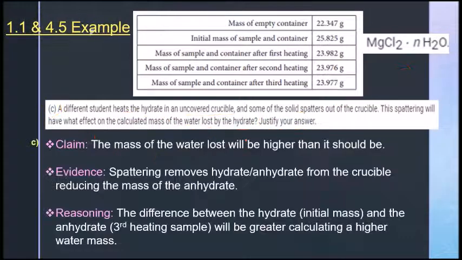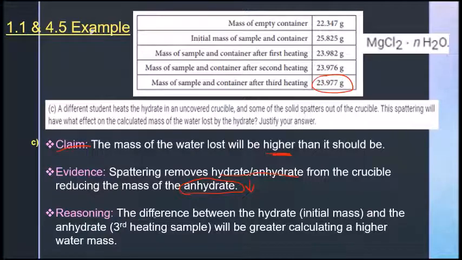So let's talk about that claim, evidence, reasoning statements here. The claim: the mass of the water loss will be higher than it should be. State your claim. Evidence: spattering removes the anhydrate from the crucible, and that lowers, reducing the mass of the anhydrate, this calculated value in the chart.